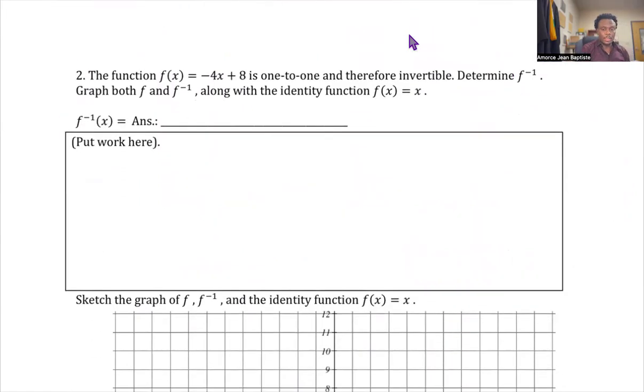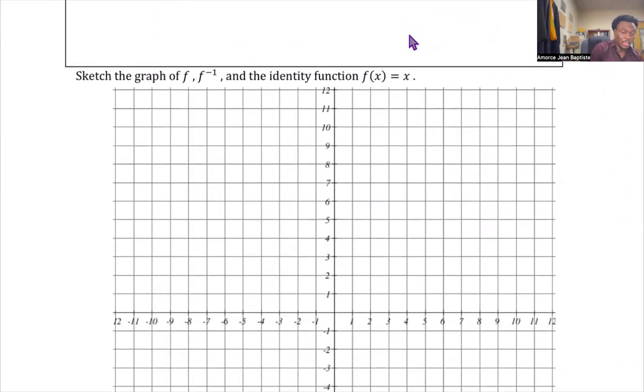Here's our next example. In this next example, it's easier because we need to make sure that the function is one-to-one. Well, this function is a line. We can graph it first to see whether it's one-to-one or not. We know if it's one-to-one, it would pass both vertical and horizontal line tests.